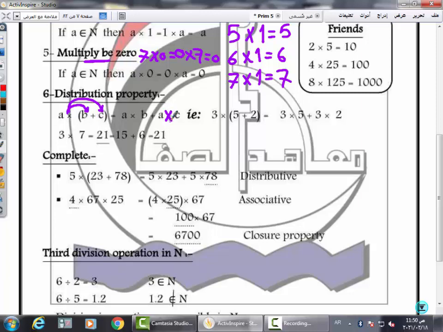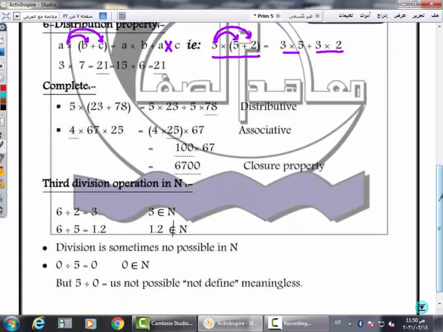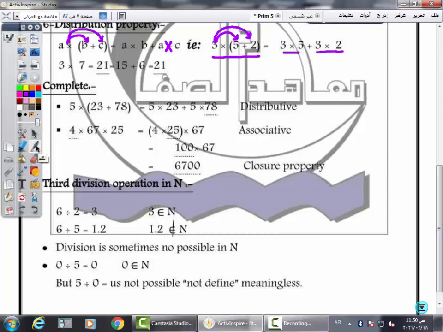For example, 3 times between brackets 5 plus 2, we will distribute 3 on 5 and 2. Then the result will be 3 times 5 plus 3 times 2. Okay? Complete: 5 times between brackets 23 plus 78.